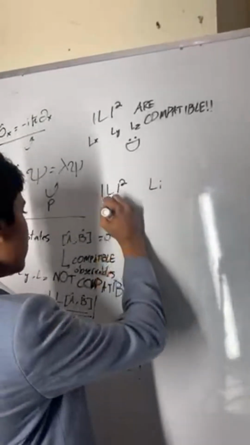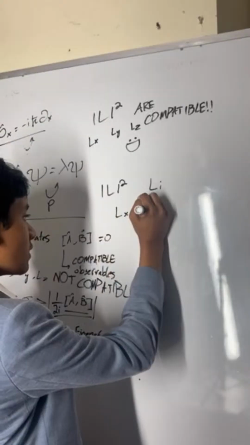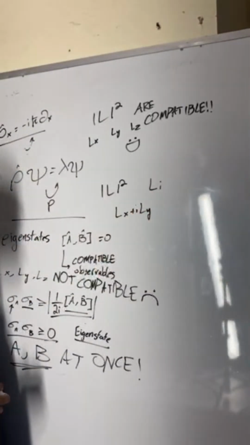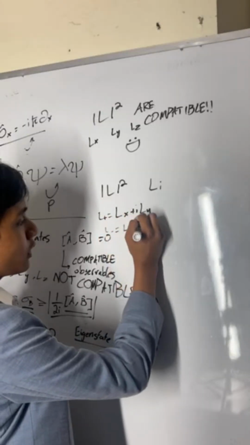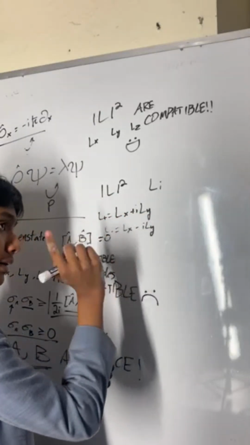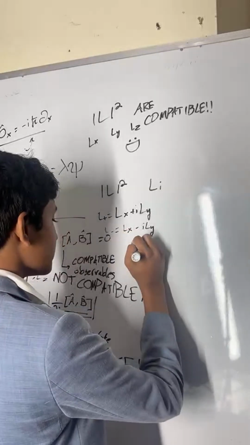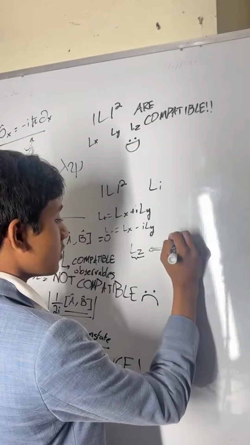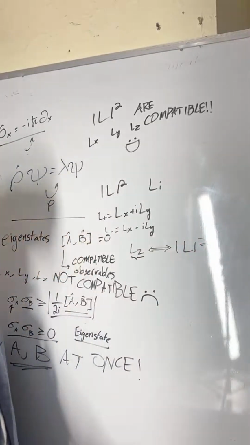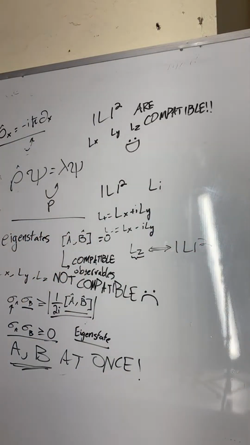Now, I'm going to save the first two components for our raising and lowering operator. It's a little bit of spoilers. But I'm going to pick LZ as the component we're going to try and find a compatible eigenstate for, along with the magnitude squared.